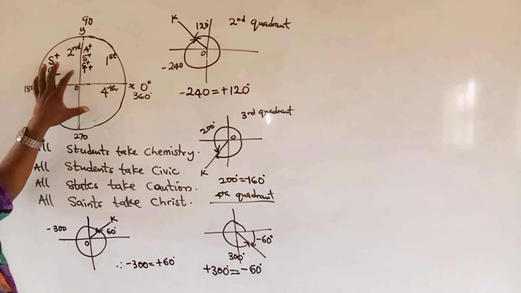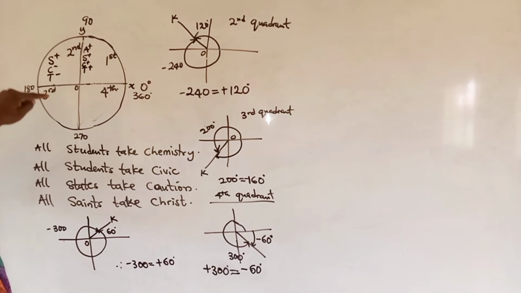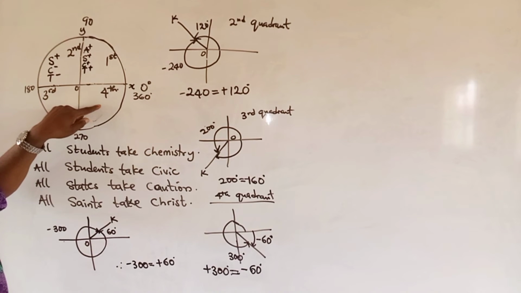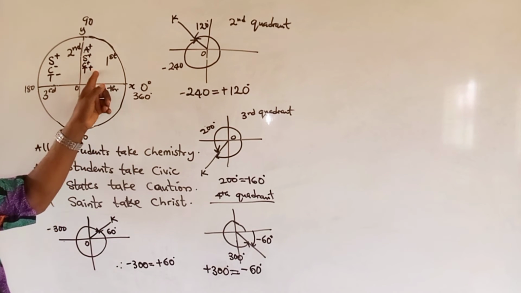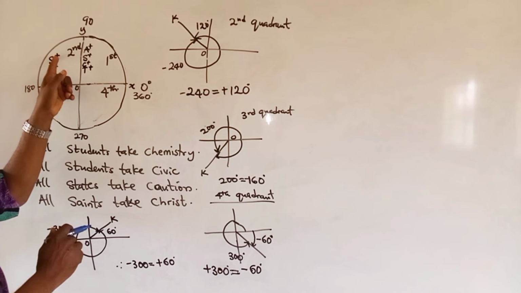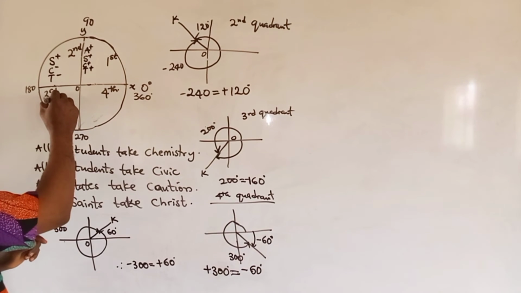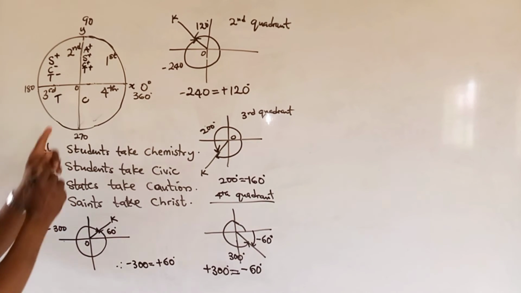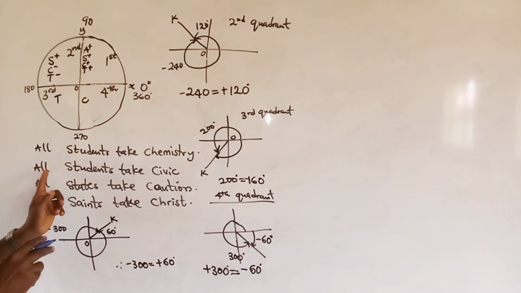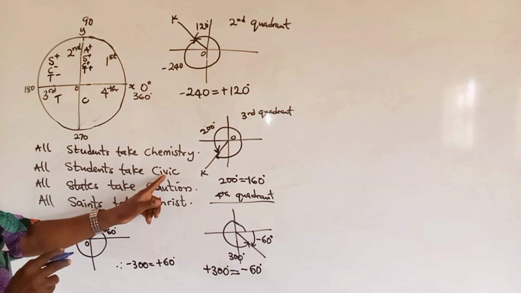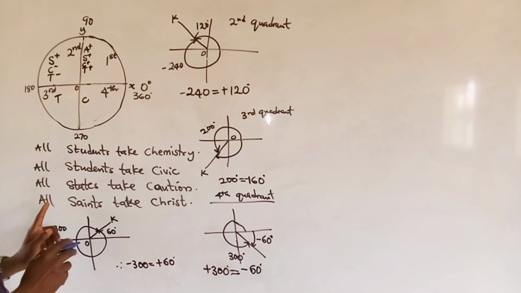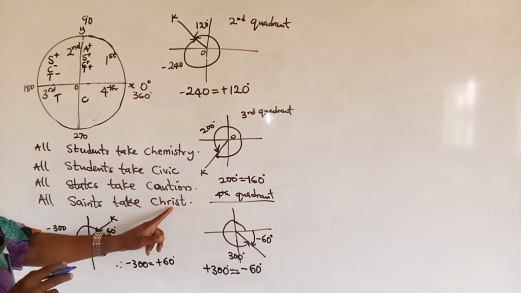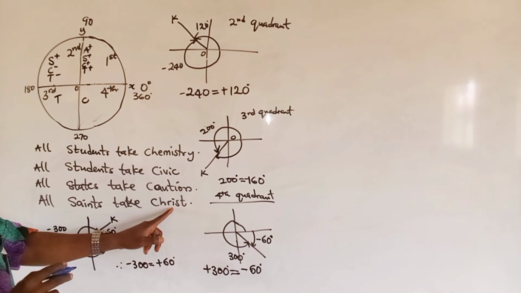So in the unit circle, we have four quadrants: first quadrant, second quadrant, third quadrant, fourth quadrant. And you can remember them by "All Students Take Chemistry," or all students take civic, or all students take caution, or all students take Christ.